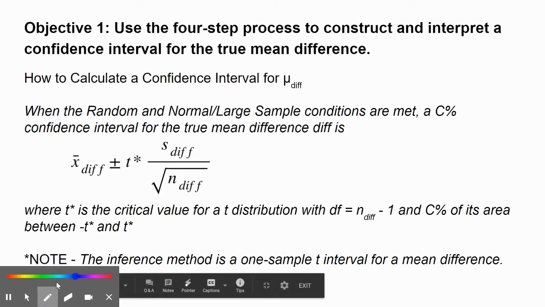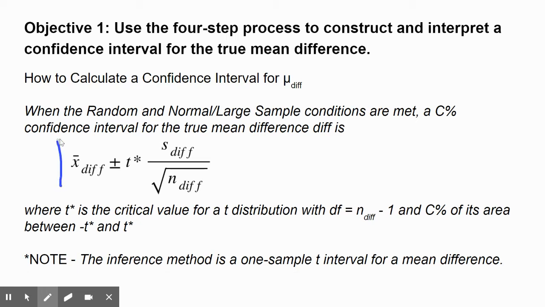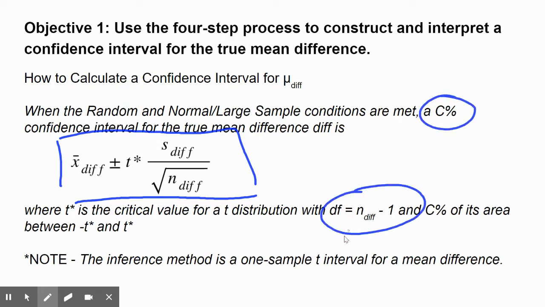All right, so here's your confidence interval equation right here. Your sample mean difference is the point estimate. You're still adding or subtracting your T star. Again, T star is going to come from the confidence level and the degrees of freedom on your table B. And then this is the sample standard deviation of the differences, and then this is the square root of your sample size.